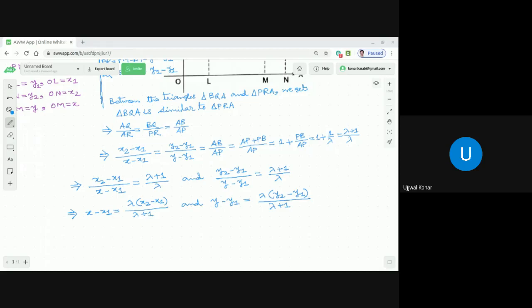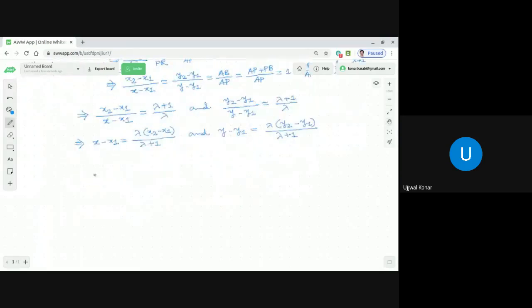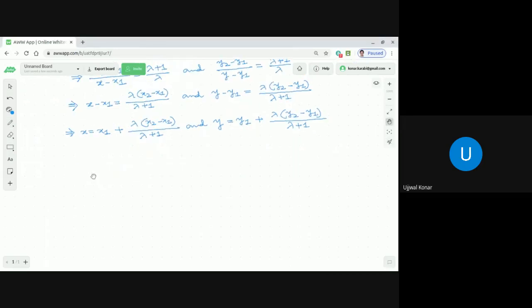So then, what we can write from here is x is equal to x1 plus lambda into (x2 minus x1) by lambda plus 1, and y is equal to y1 plus lambda into (y2 minus y1) by lambda plus 1. Now we can simplify further. So let's simplify it.